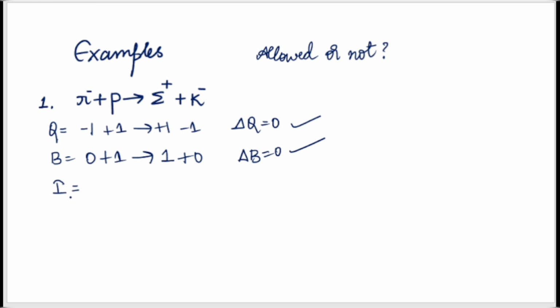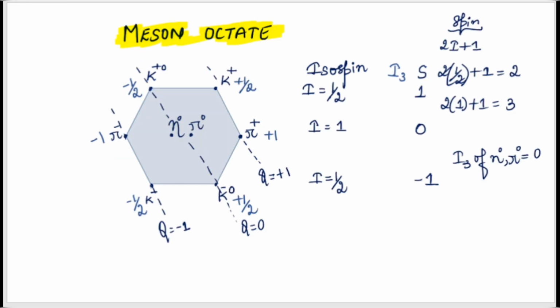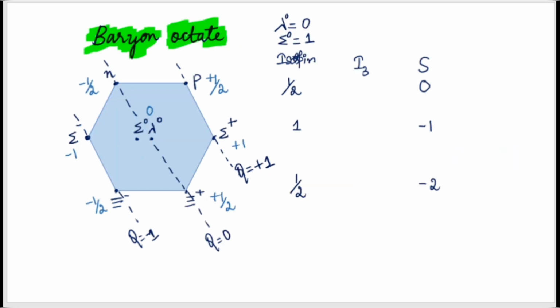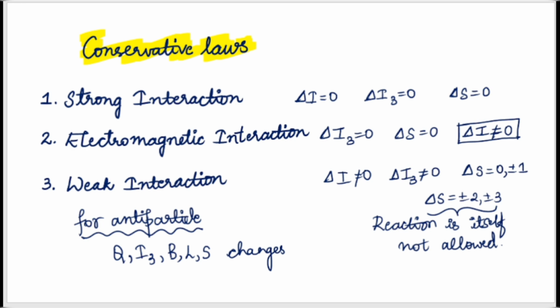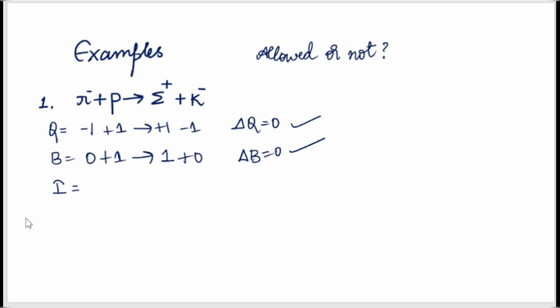Next we have the isospin. For pi negative the isospin is, let us go to the diagram, that's why these are very important. So pi negative isospin is 1, the third component of the isospin is -1, right? So the isospin is here 1. You can cross check the diagram and you can write it.